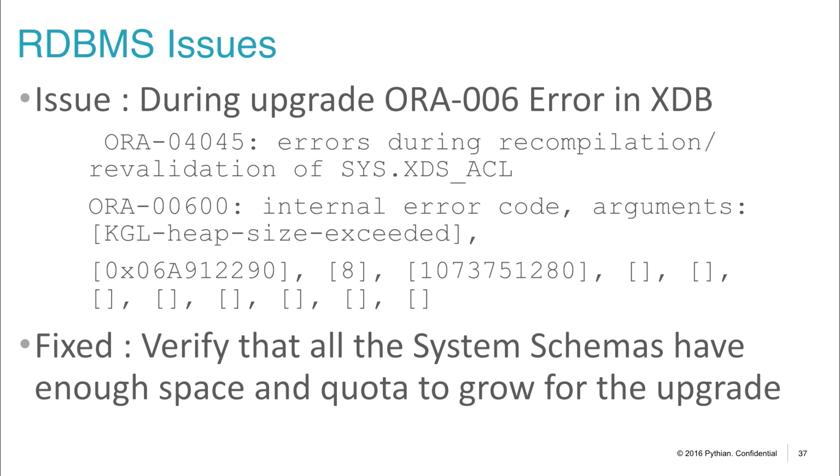But the way that we fixed it was that we need to make sure that the schemas have enough space for it to grow during the upgrade. So we did an alter and add data file or expand, and allow it to have enough quota for the system schemas to grow, and we were able to bypass this error.